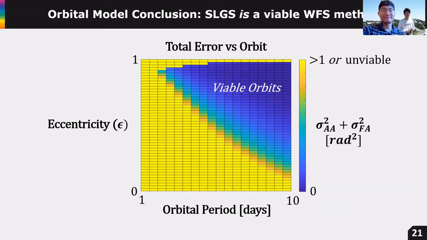There also might be considerations on how tightly you can control an orbit over time, whether it'll decay or its eccentricity will change. I didn't analyze that, but that would be something that a future engineer could take this plot and perform that analysis. Thank you.